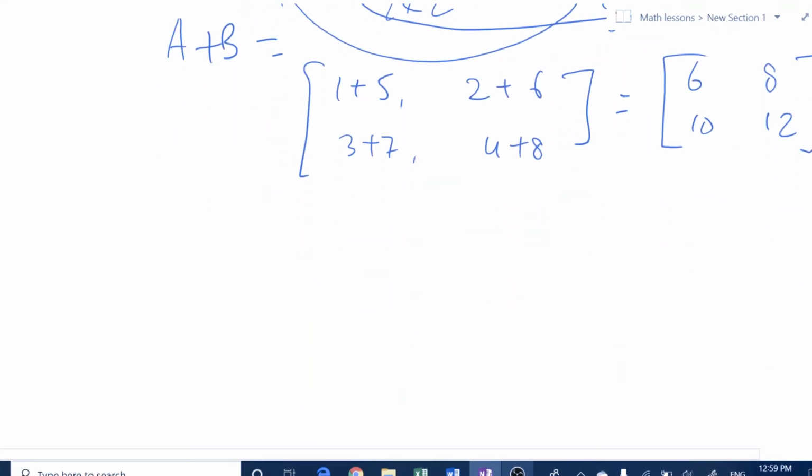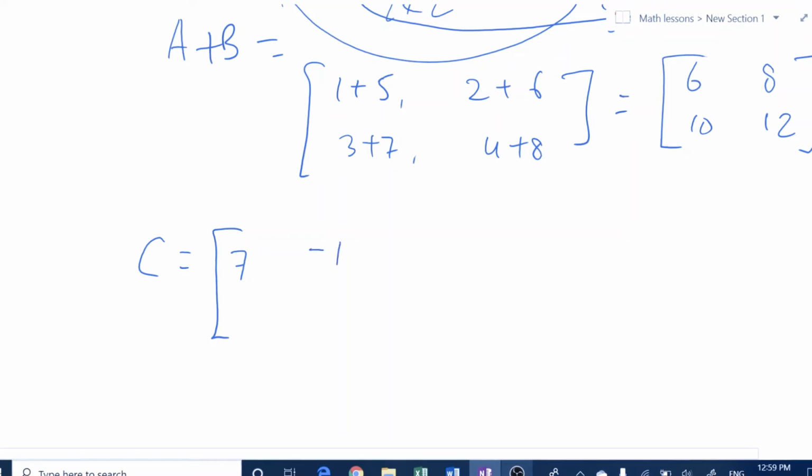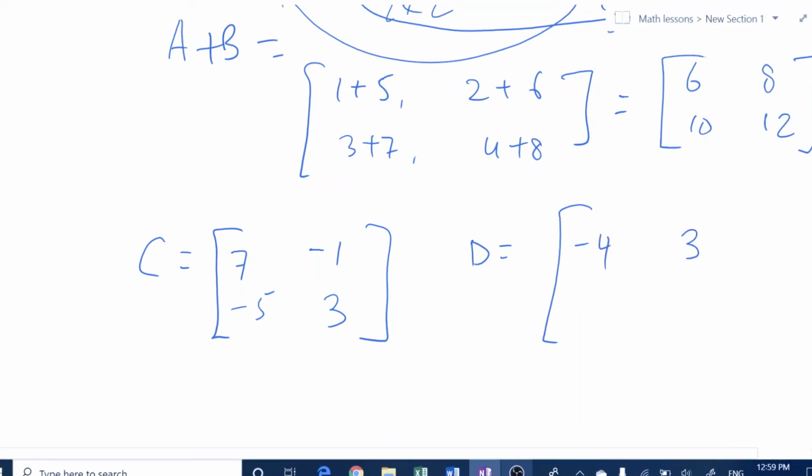Just to summarize, the order of both matrices must be the same in order for this addition to happen. Okay, let's do another example. I have matrix C as 7, -1, -5, 3, and matrix D as -4, 3, 10, and 2.